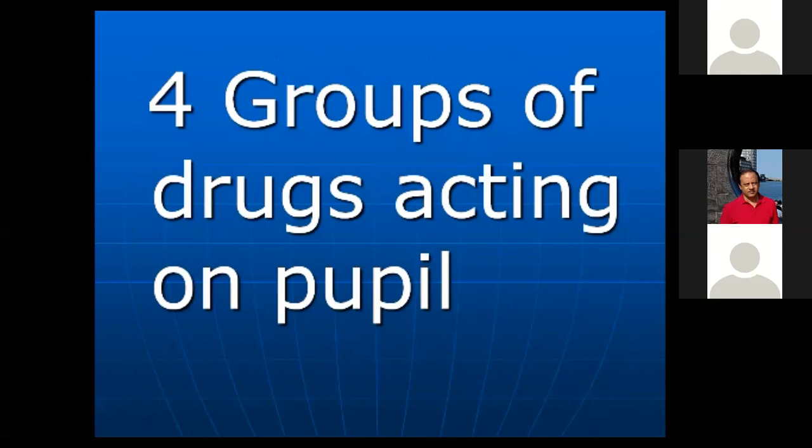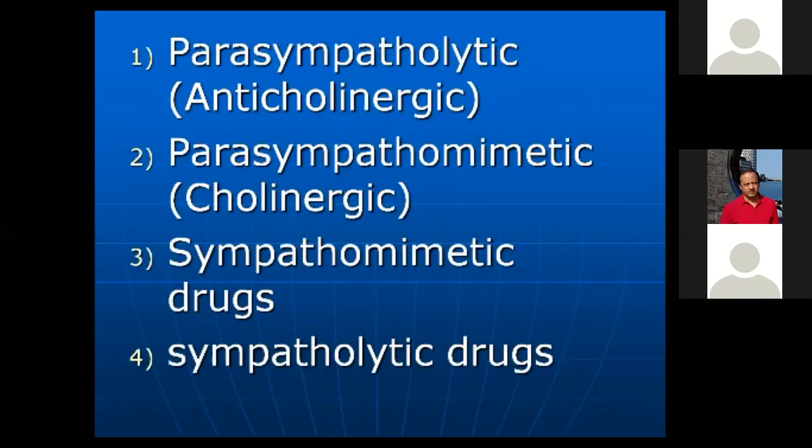Now we divide the drugs into four groups which act on the pupil. So there are four groups of drugs which act on the pupil. And these are the four groups. Parasympatholytic drugs, they are also known as anticholinergic drugs. Parasympathomimetic drugs, which are also known as cholinergic drugs.